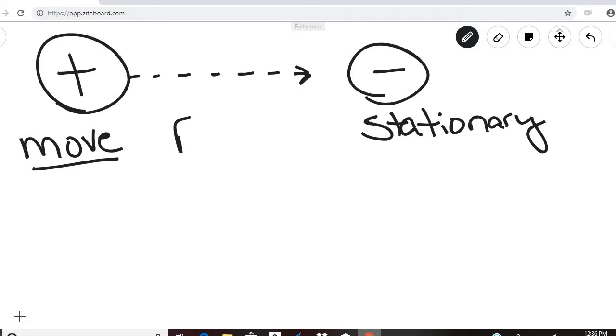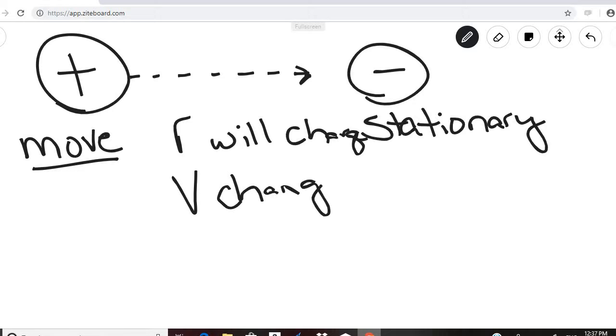And if R changes, that is going to change V, right? So V will change, because remember that V is equal to K Q divided by R. So any change in R is going to change V. And if I change V, then what else will change?